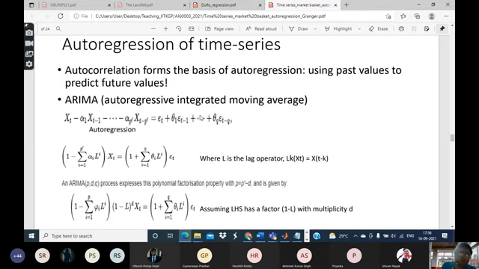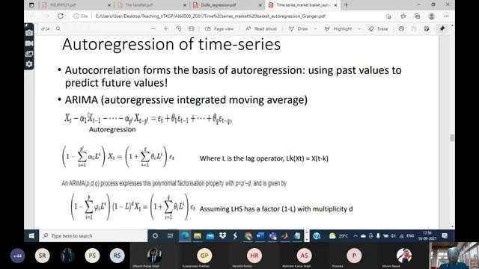We are trying to predict xt, the value of the time series at any point t, and what forms the basis of that prediction? The past values of the time series. Suppose I have observed till t minus 1 and I am trying to predict the value at t.